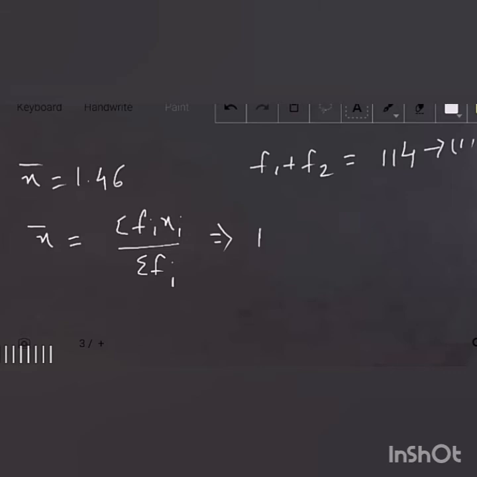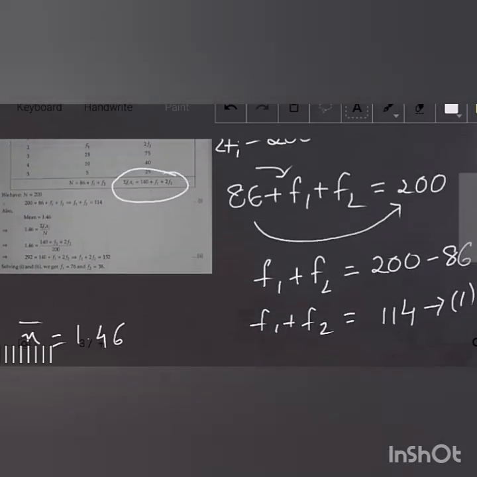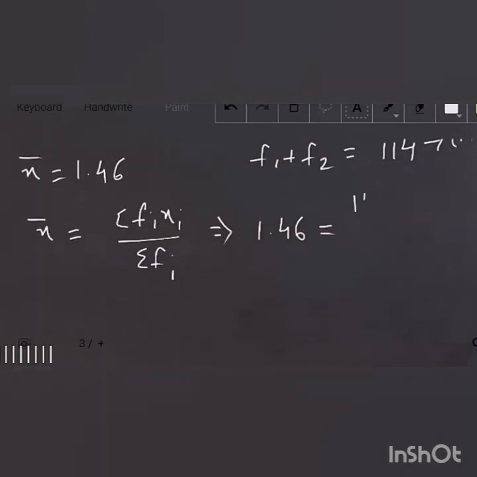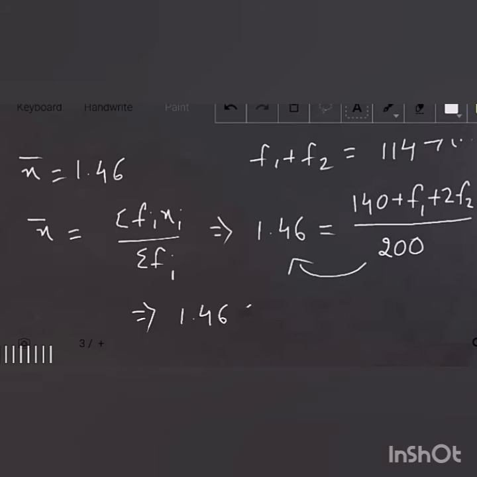So x bar, 1.46, equals 140 plus f1 plus 2f2 by sigma of fi, which is 200. Taking 200 to the other side, we get 1.46 into 200 equal to 140 plus f1 plus 2f2.